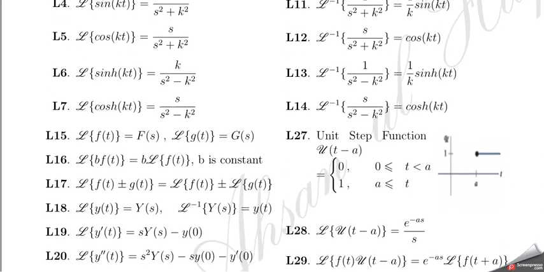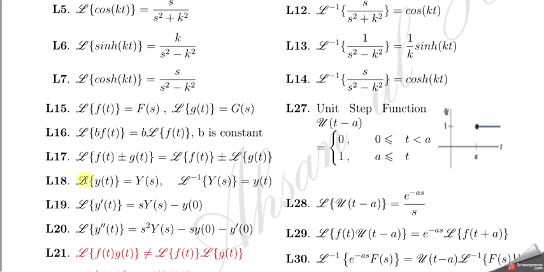What if we don't know what the function is? For example, if we take Laplace transform of y of t, we don't know what y of t is. So we say it is some function of s. We could have used any variable here like capital Y or capital W or capital Z, but because this is small y, we use capital Y just to keep the relation.